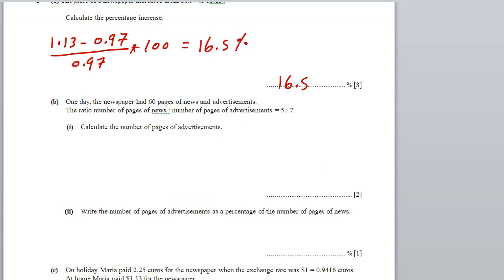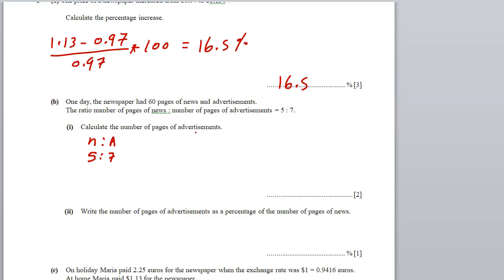Now, one day the newspaper had 60 pages of news and advertisement. So I have N and A. The ratio of the number of pages of news to the number of pages of advertisement is 5 to 7.